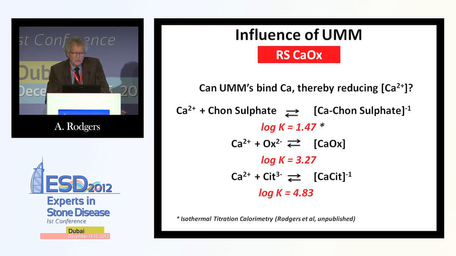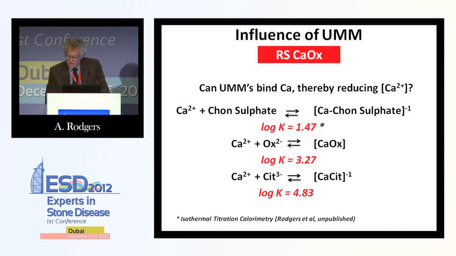Well, just to quickly show you, the log K values here indicate that calcium does not readily bind with chondroitin sulfate. So the point of my showing you this slide is that the typical urinary macromolecule chondroitin sulfate is unlikely to affect the relative saturation.